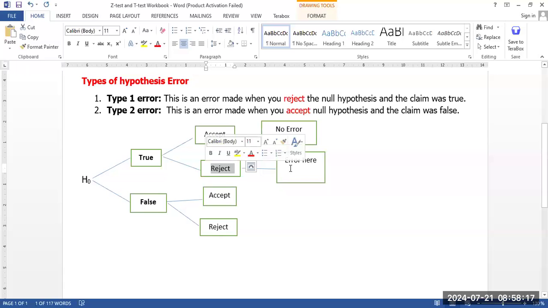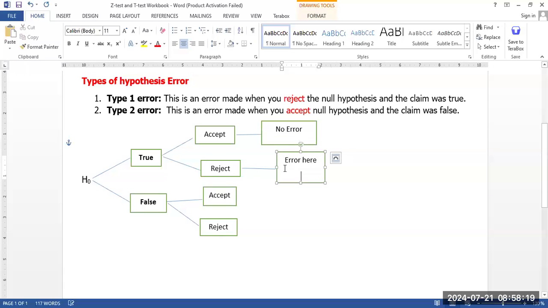So in this situation, the error you have is called type what? In the chat, type 1. Yes. This is type 1 error. So you see how we are concluding?